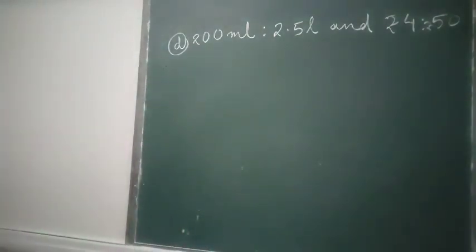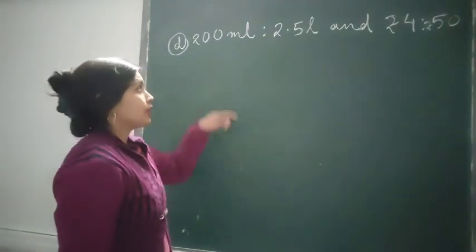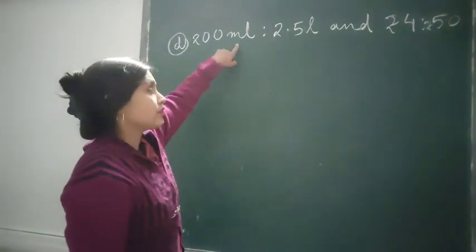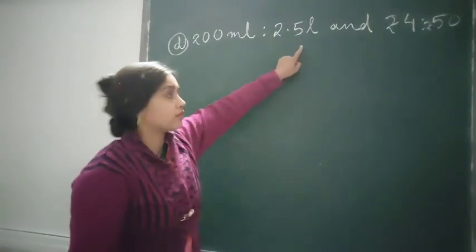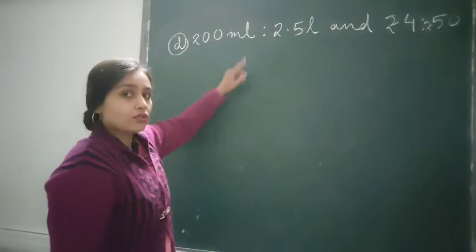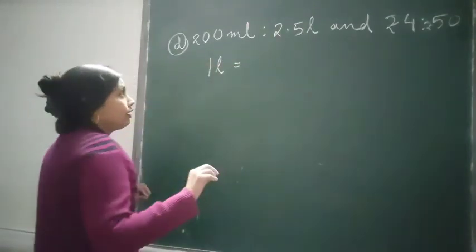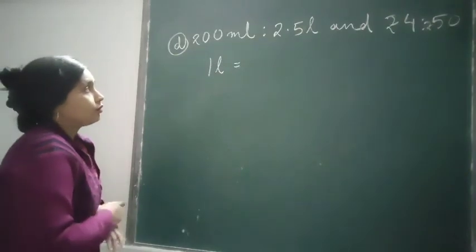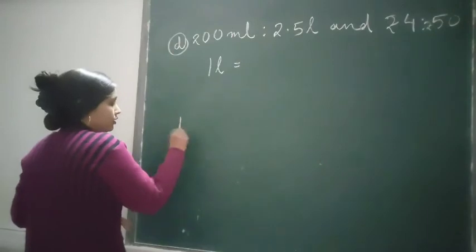ml is to 2.5 liters and rupees 4 is to rupees 50. First thing, this is milliliters and this is liters. So better to convert this liters into milliliters. Okay, so 1 liter is equal to how many milliliters, children? If we talk about liters and milliliters, the table goes like this.